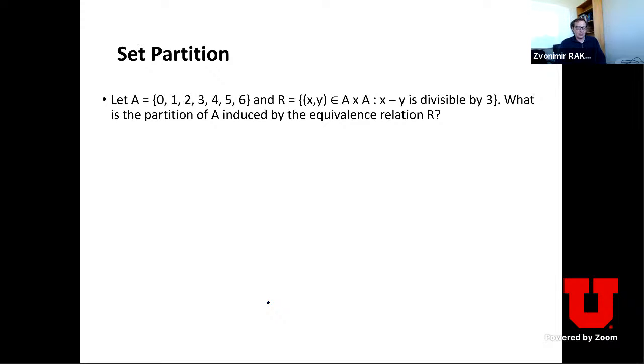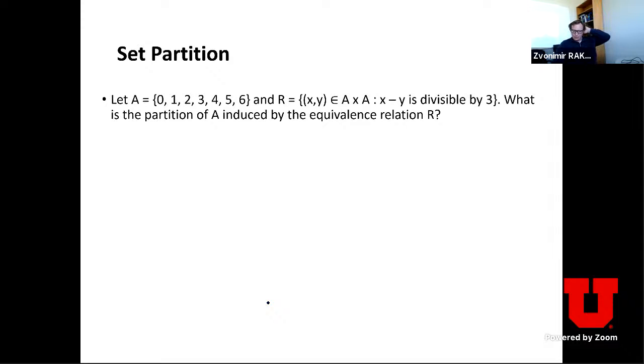If you remember, a set partition is a set consisting of sets such that each element of the set partition is a subset of the original set. Their intersections have to be empty sets, and their union has to be the original set. So those are the properties of set partition.